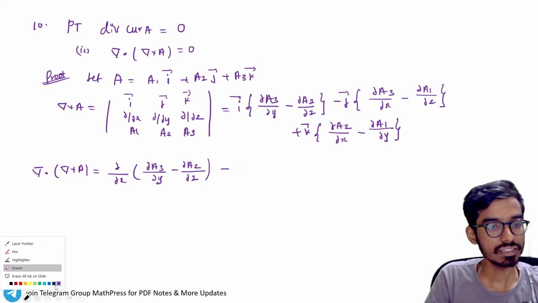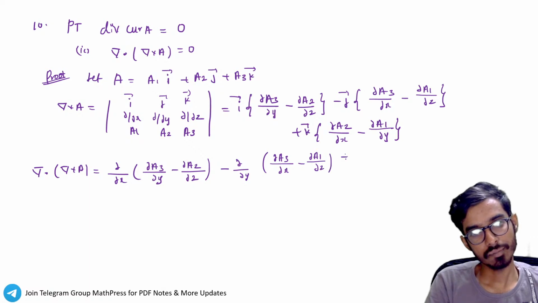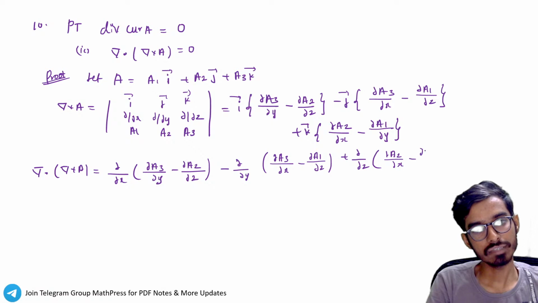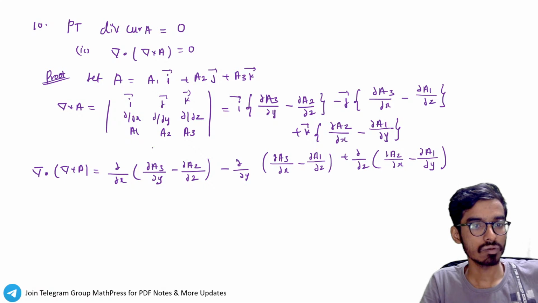I'm just using the definition, that's it, right? What is the definition of del dot V? ∂V1/∂x plus ∂V2/∂y plus ∂V3/∂z. Here this is V1, this is V2, this is V3, right?